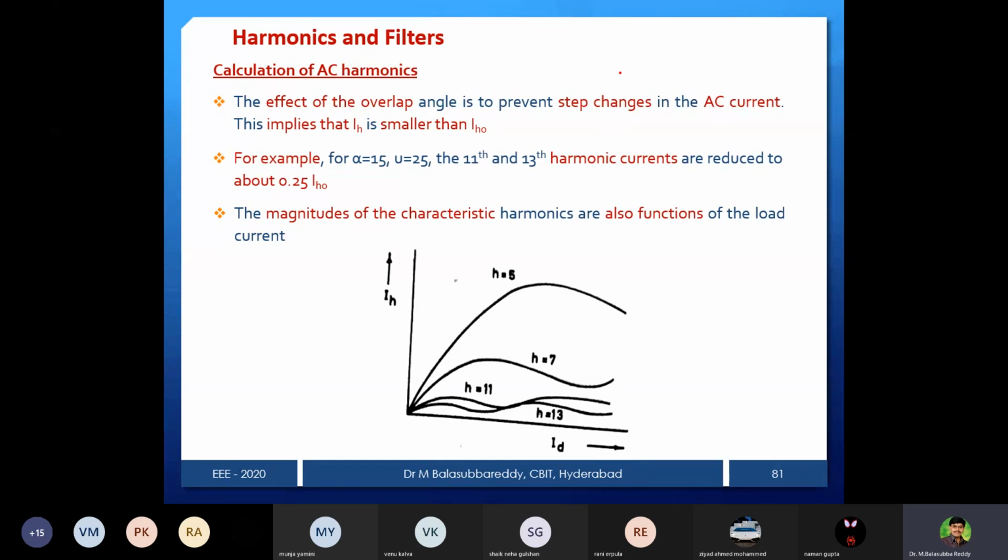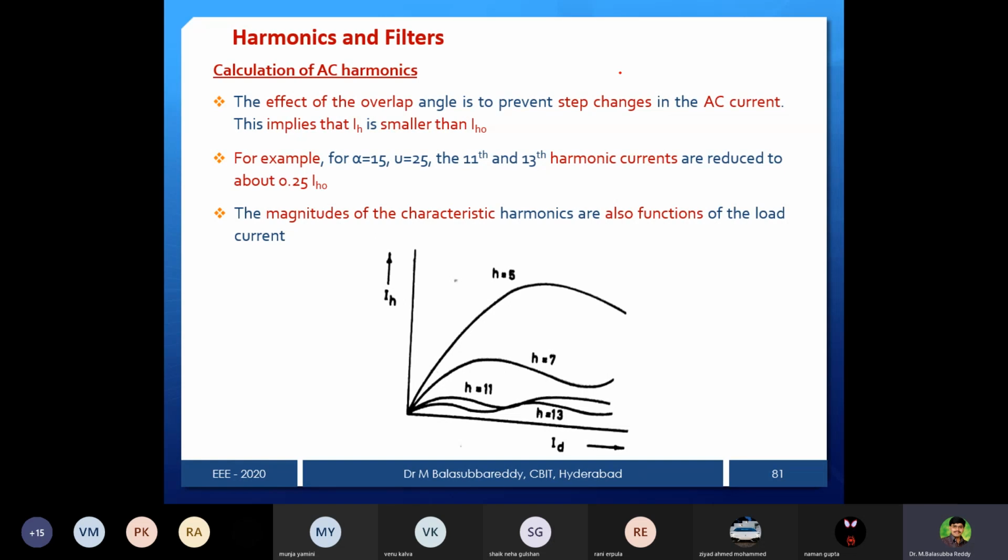But as you are aware, always the lower order harmonic magnitude will be high when compared to the higher order harmonic. That is one of the reasons you can say that an HVDC converter will use a 12 pulse converter.